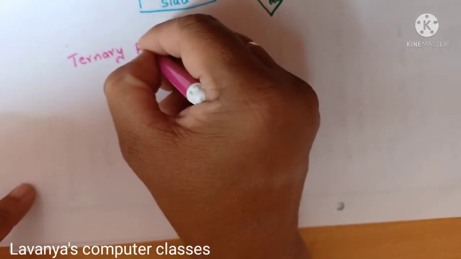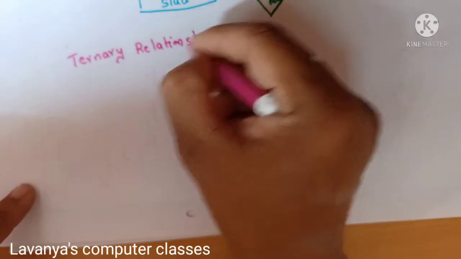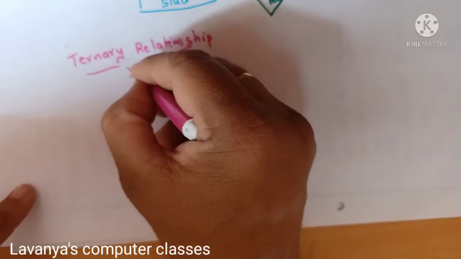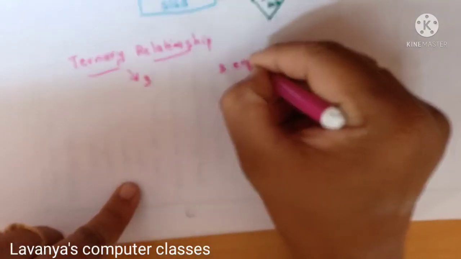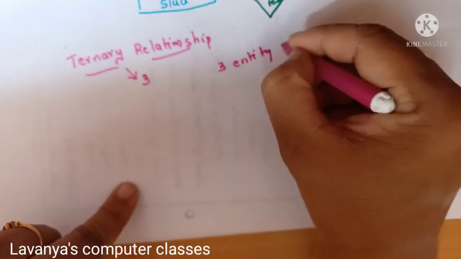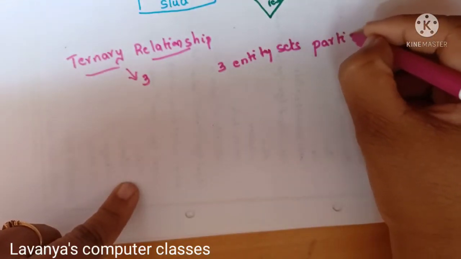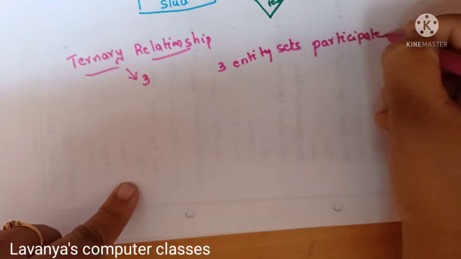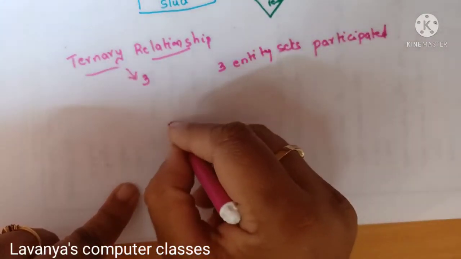Third relationship is ternary relationship. Ternary means 3. That means in this relationship, 3 entity sets are participated. How to draw this relationship? Take any three entity sets.